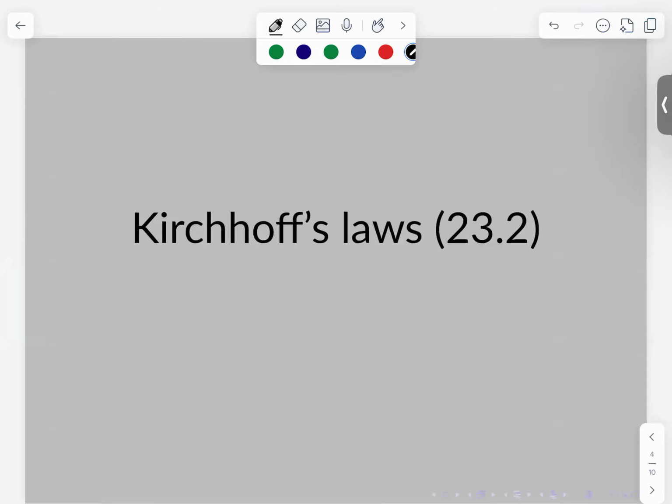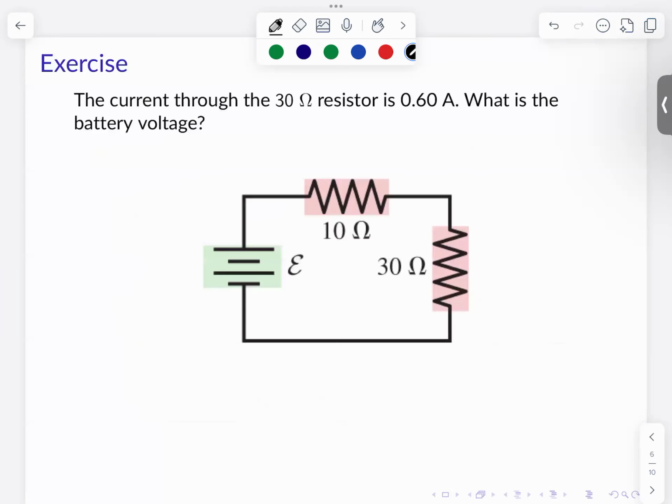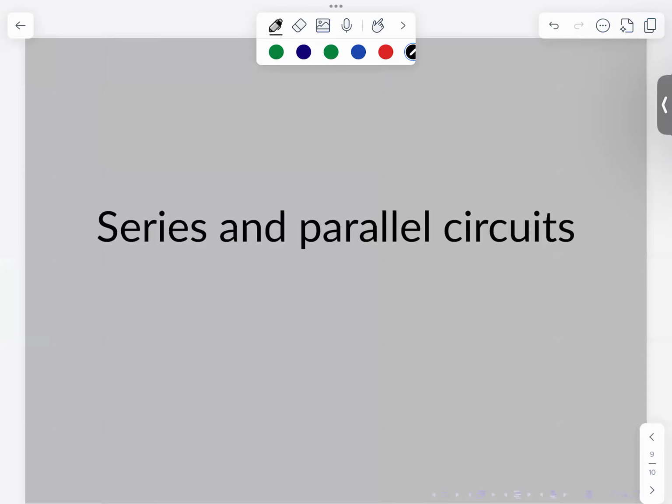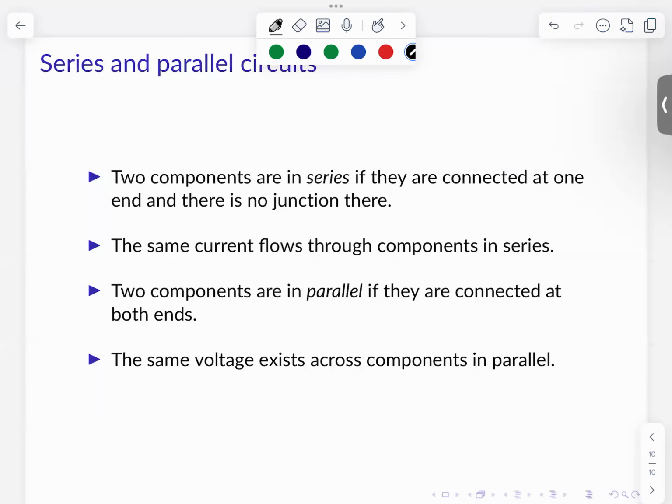Okay, I'm going to come back to Kirchhoff's laws. Yeah, I think next time I write these slides, I'm going to do them all in a different order. Kirchhoff's laws are going to be tools for analyzing the circuits. Here are two definitions you can get down pretty damn fast. Series means connected with no junction.